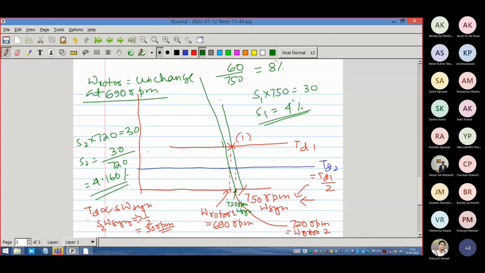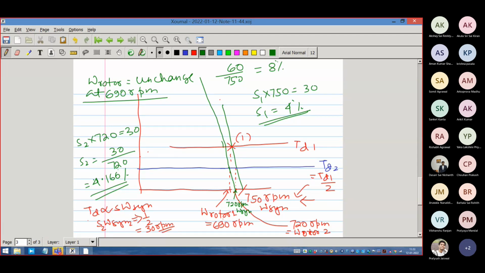If I don't change the characteristics, but I change the torque, then the consequence is that the speed goes to 720 rpm, because it needs to produce a slip of 4%.